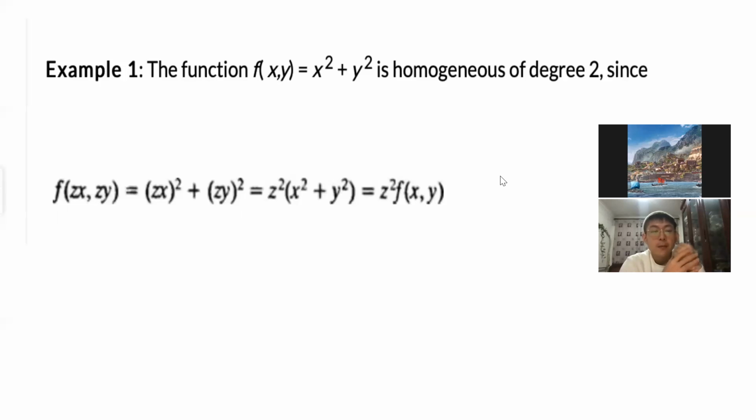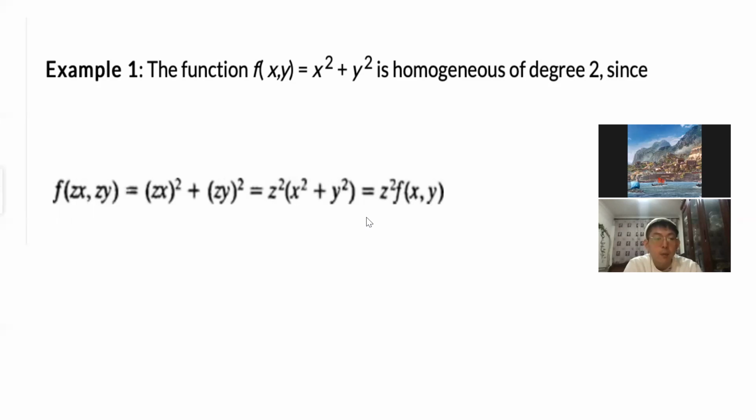And let me give some examples. The first example, the function f of x, y equals x squared plus y squared, is homogeneous of degree 2, because f of zx, zy equals (zx) squared plus (zy) squared, equals z squared multiplied by (x squared plus y squared), equals z squared multiplied by f of x, y.